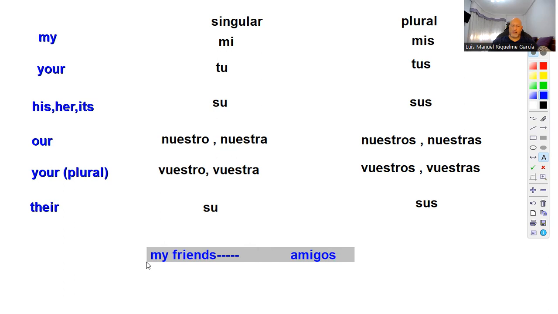So how would I say my friends? Mis amigos. Why mis and not mi? Because I have plural friends. I have more than one friend. I've gone from singular, my friend, to my friends. The possessive can be plural in Spanish. I know you don't do it in English, but we would do it in Spanish.